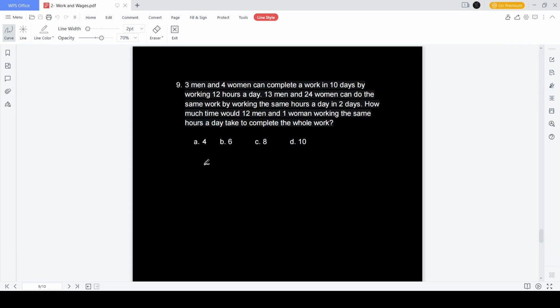So let's write it. See, the work they do is equal to the work men do plus women do. So number of men 3 into the number of days, that is 10, into the number of hours per day into efficiency of a man, plus women, so 4 into number of hours into number of days into efficiency of a woman.